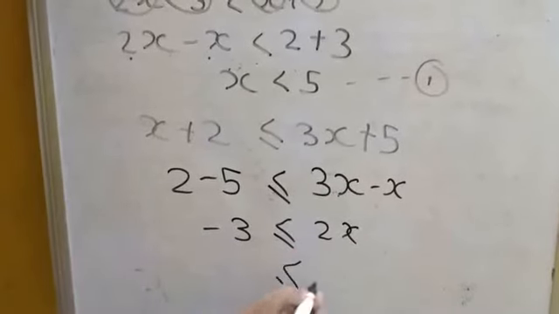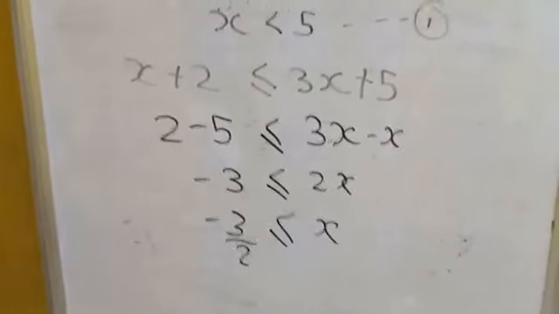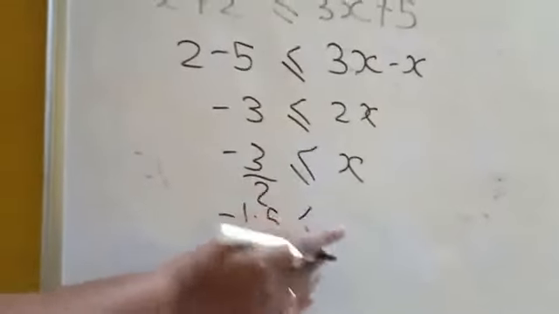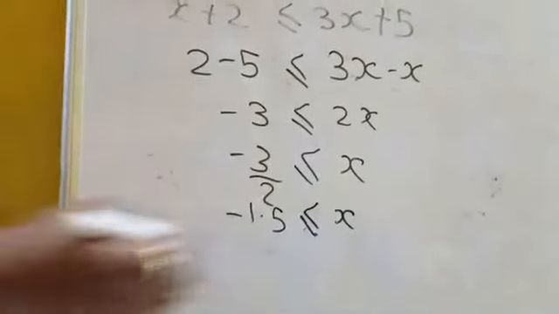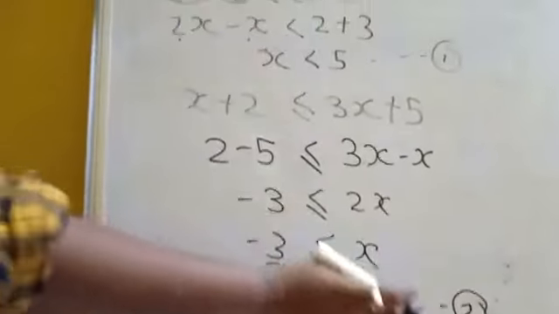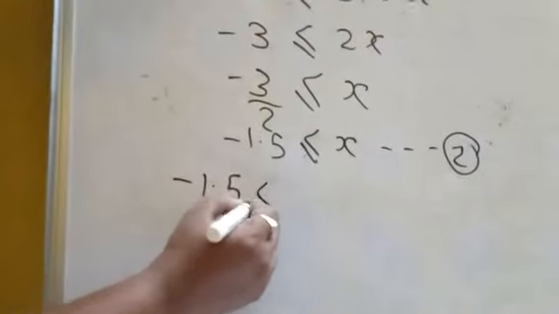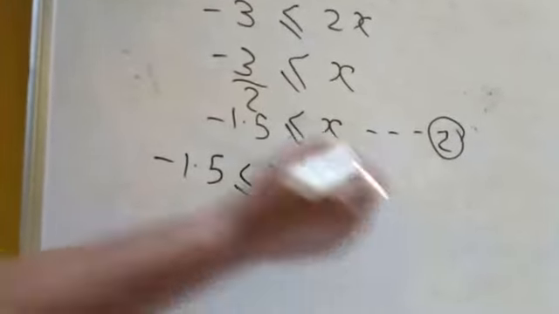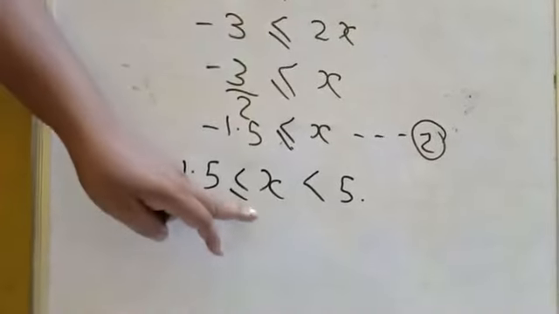Therefore x is greater than or equal to minus 3 by 2, which means minus 1.5 less than or equal to x. This is your equation 2. From equations 1 and 2, we can write minus 1.5 less than or equal to x less than 5. So this is your answer, minus 1.5 to 5.